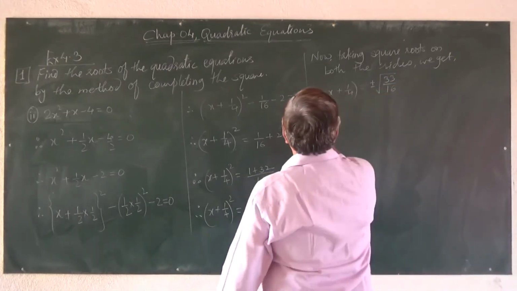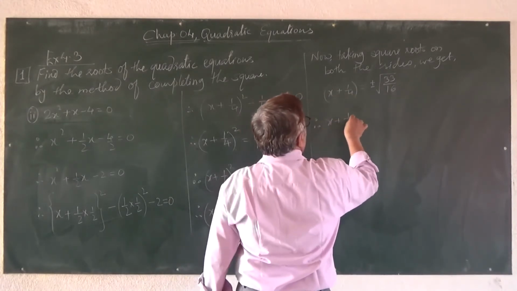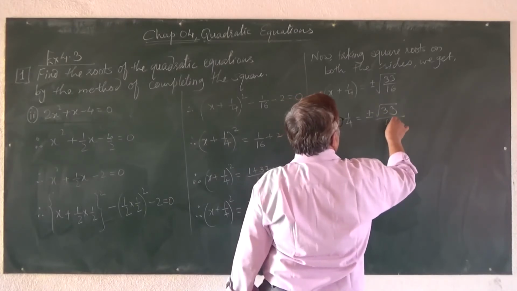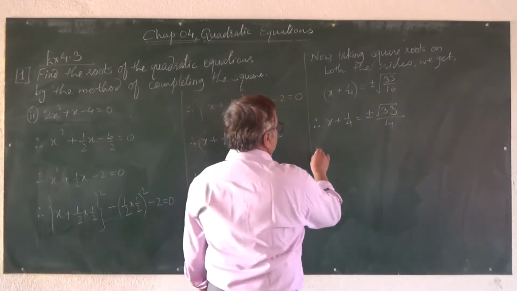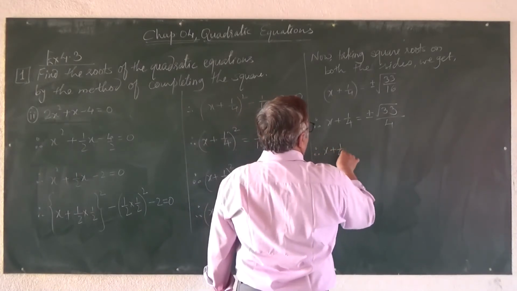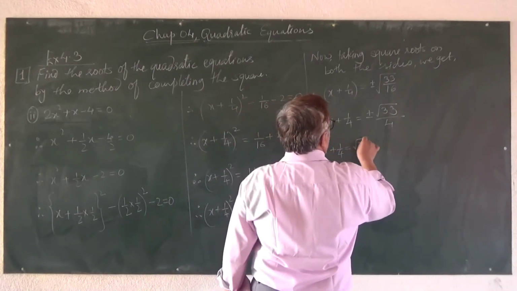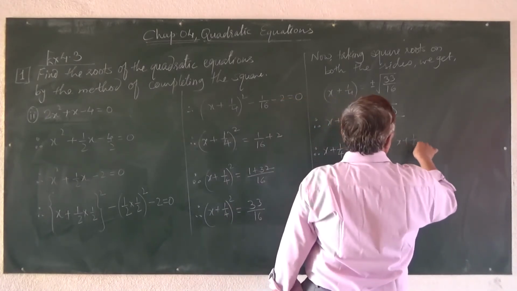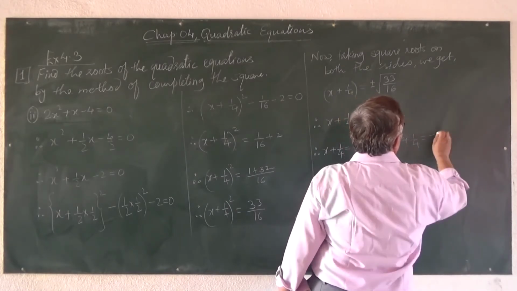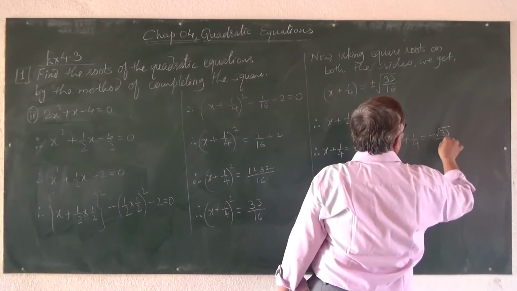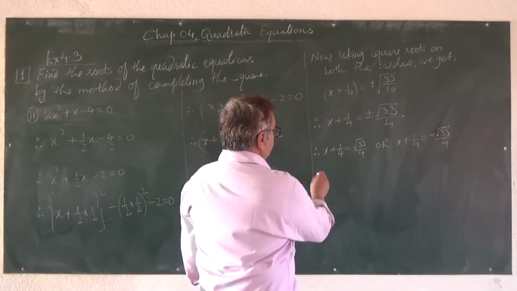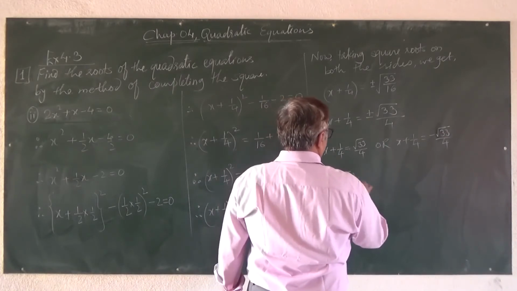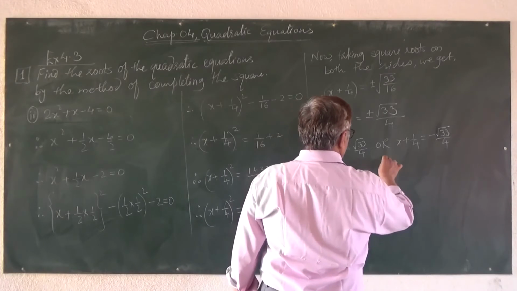So therefore x plus 1/4 is equal to, we don't know the square root of 33, so keep as it is, and 16 is 4 squared. So x plus 1/4 is equal to plus root 33/4 or x plus 1/4 is equal to minus root 33/4. So therefore x is equal to root 33/4 minus 1/4.